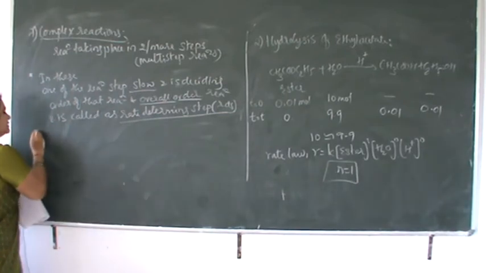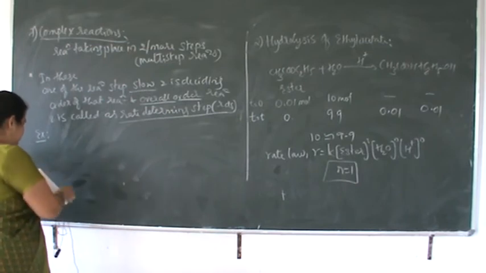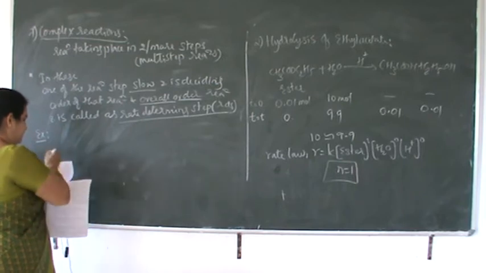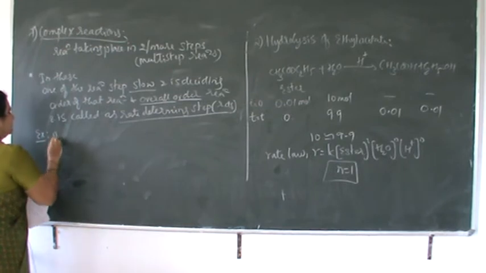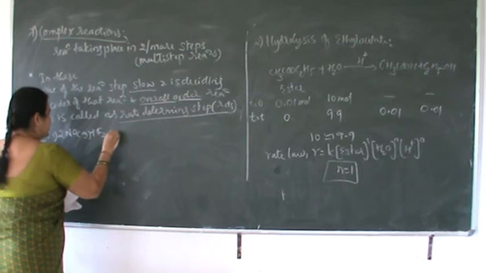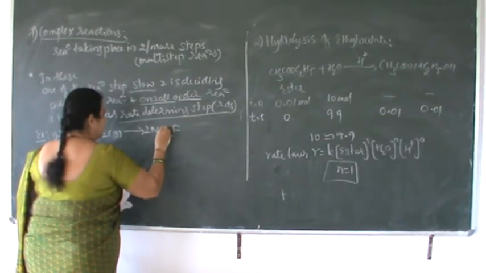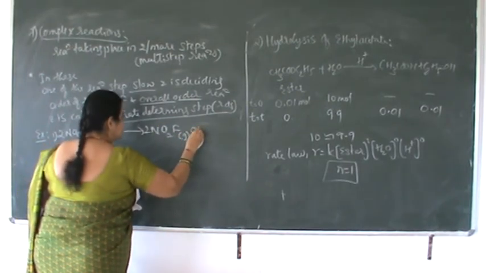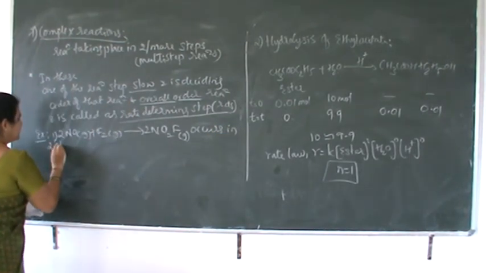Let me give one or two examples here. So first example, a reaction between 2NO gaseous plus F2 gaseous giving rise to 2NO2F gaseous occurs in two steps.